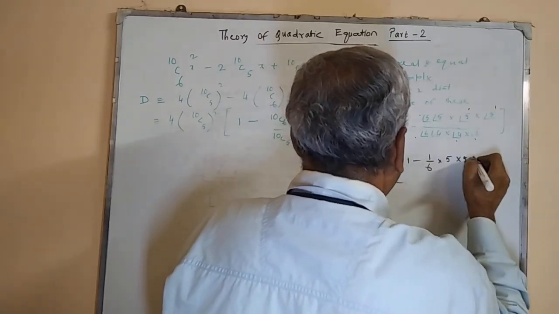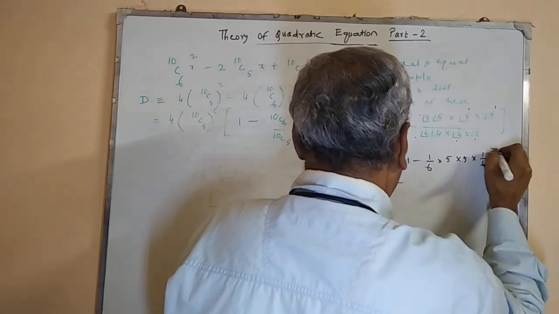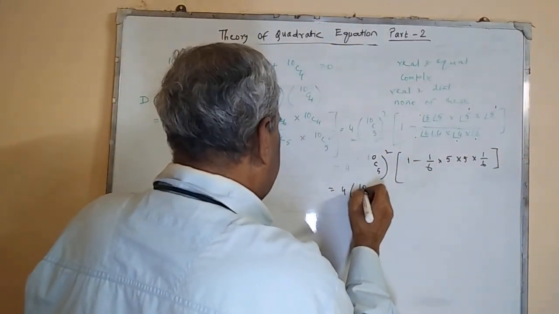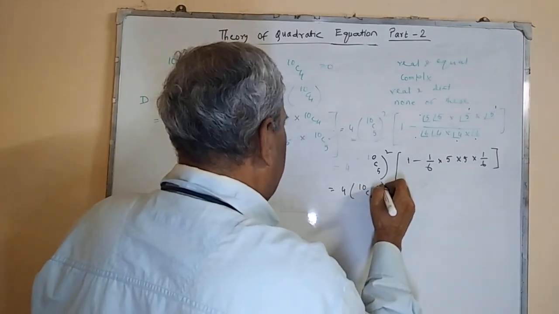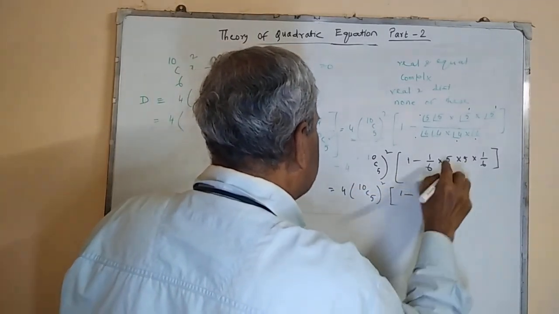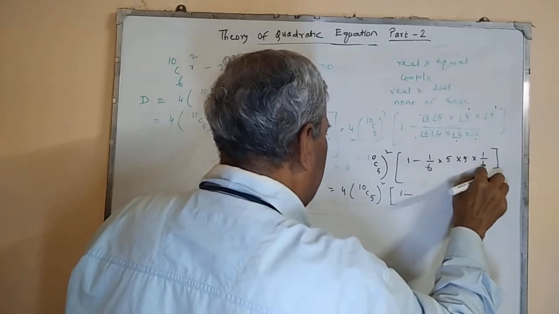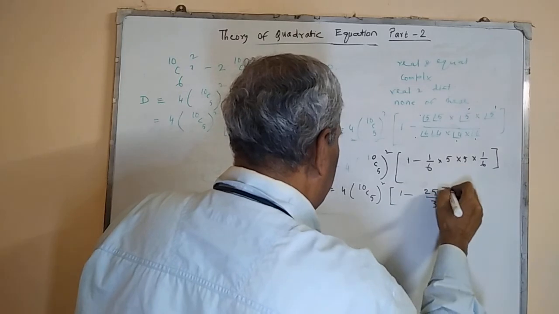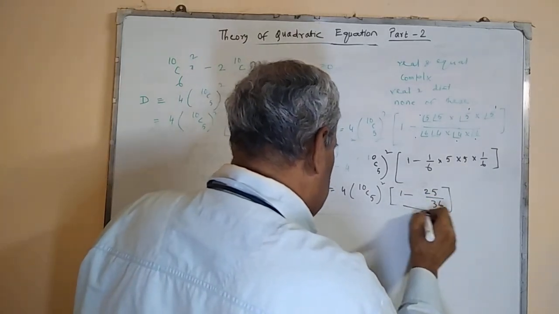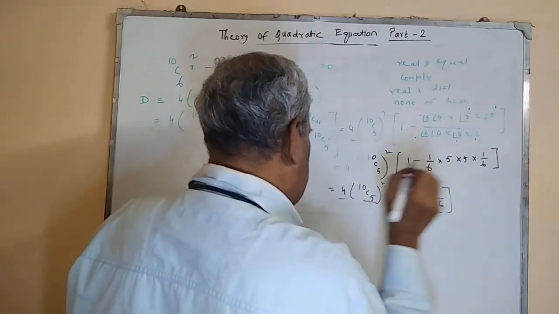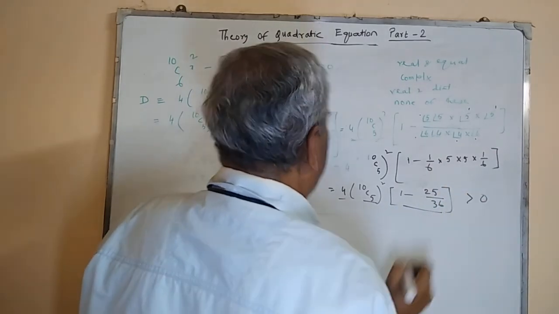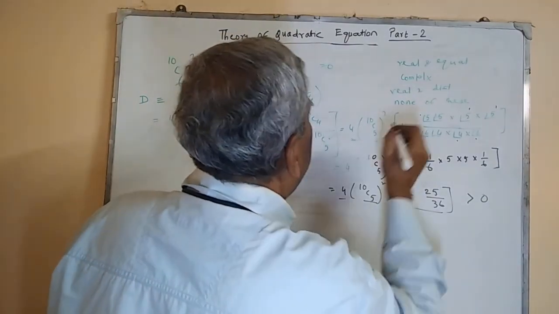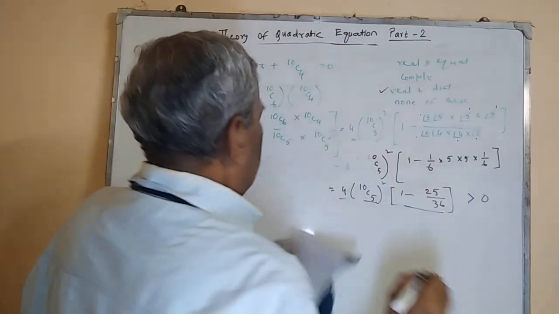So it is equal to 4 into 10C5 whole square into 1 minus 5 by 6 into 5 by 6, that is 25 by 36. So this is positive, this is positive, this is positive. So the discriminant is positive. The roots are real and distinct. This option is correct.